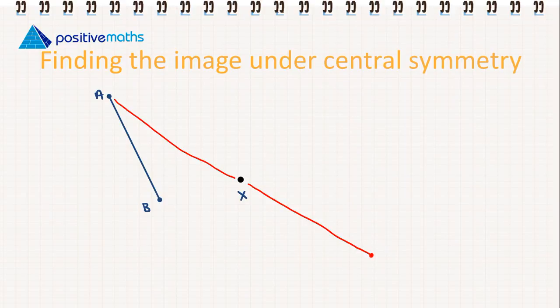So we'll say it's about here. This is just an estimation, but you would use a ruler or translations in order to do it accurately. We're going to call this point A dash, and then we do the same with B.